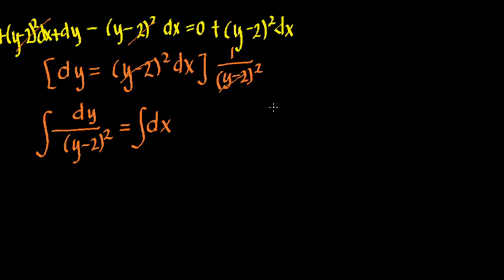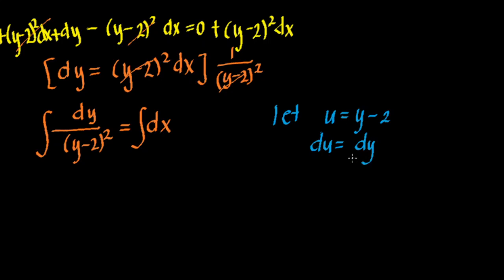and now we'll let our u is equal to y minus 2. Taking the derivative, we have du is equal to dy.